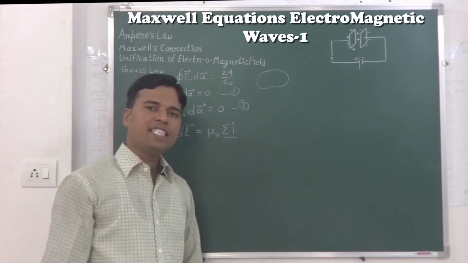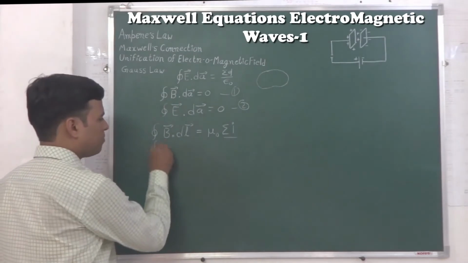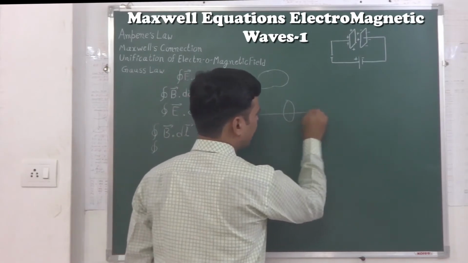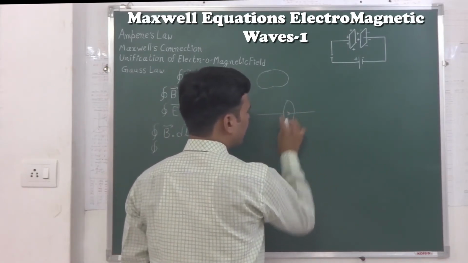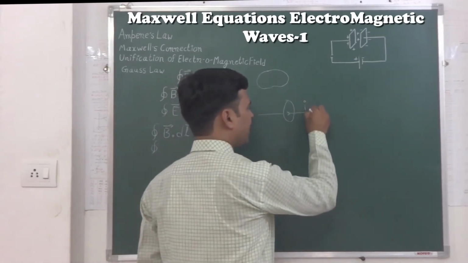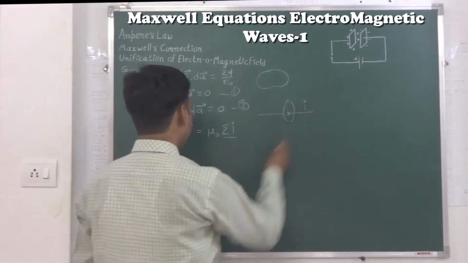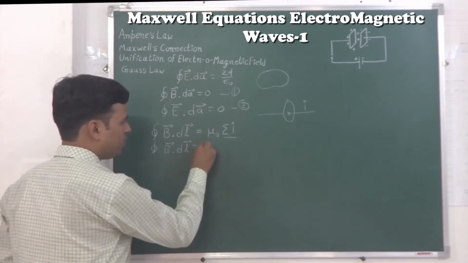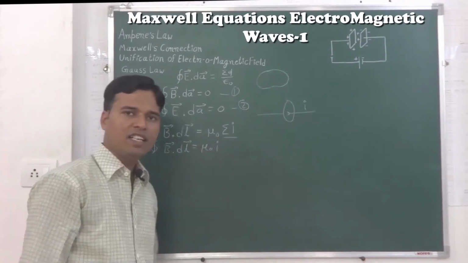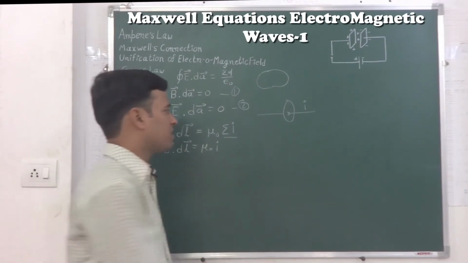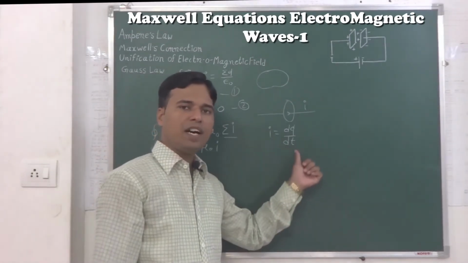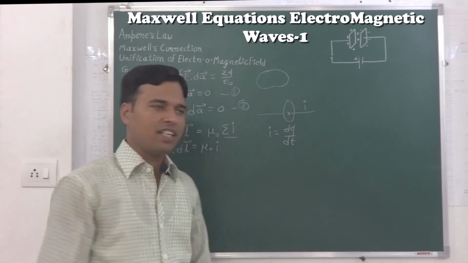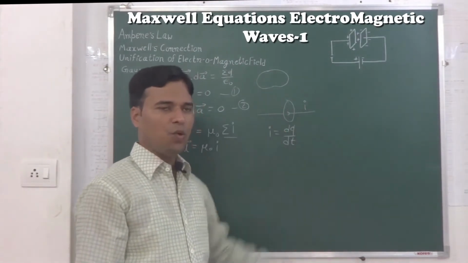But if there is a single current passing through this loop, the loop is here, and this current is written as I, then we can write this Ampere's equation in this form: mu naught I. This I here denotes the rate of charge passing through a cross section of this current carrying wire or loop.